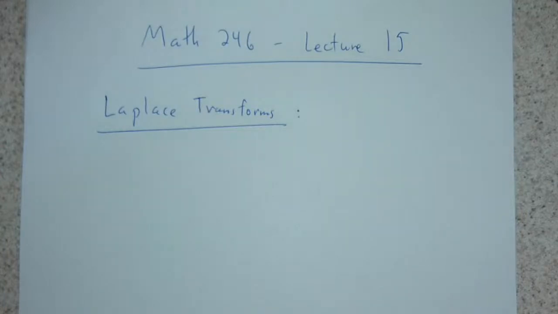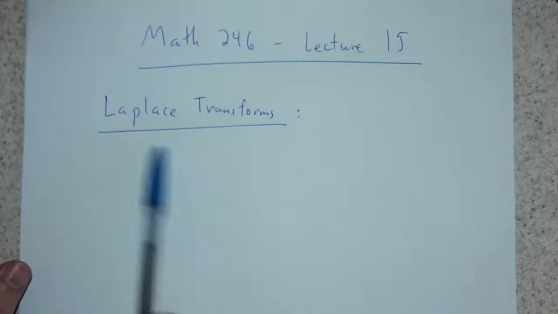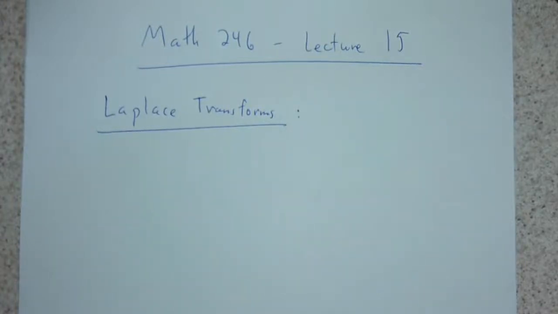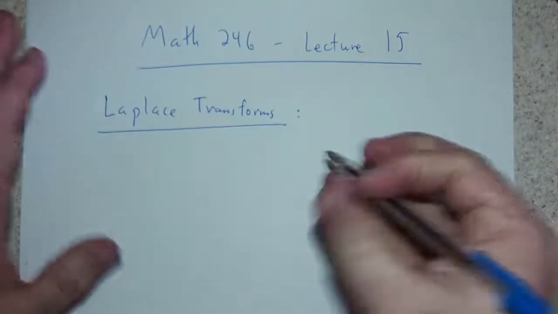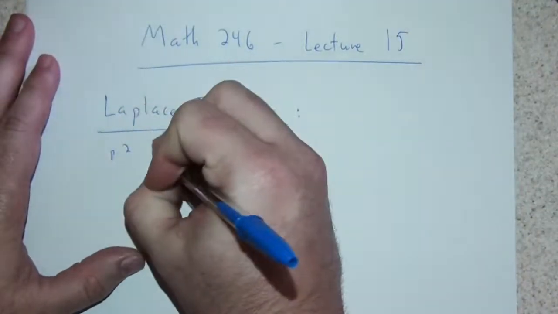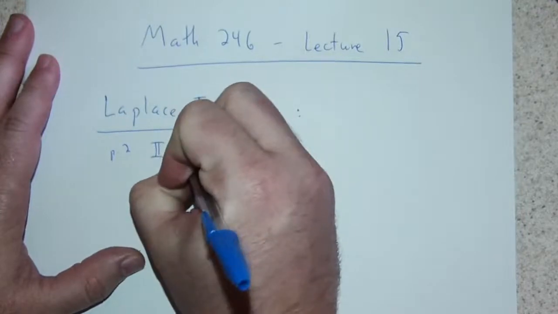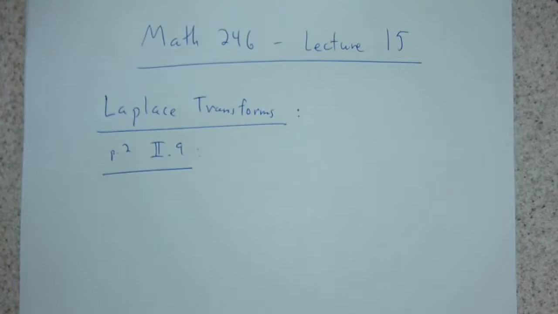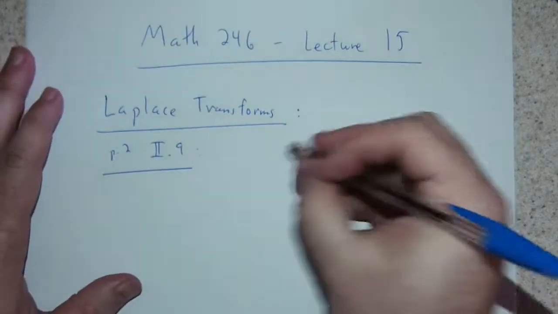There's a really nice little visual explainer for the idea behind Laplace transforms, on page 2 of chapter 2, section 9, because that's Laplace transform. I believe it's section 9, yeah.